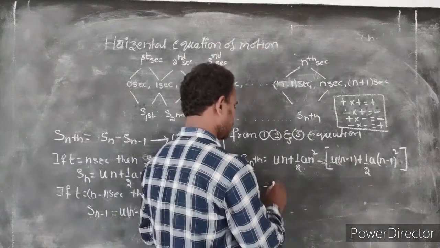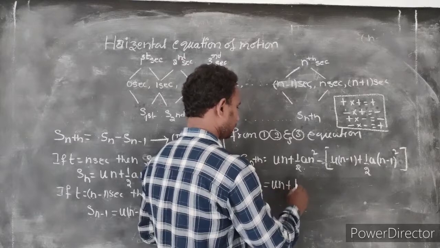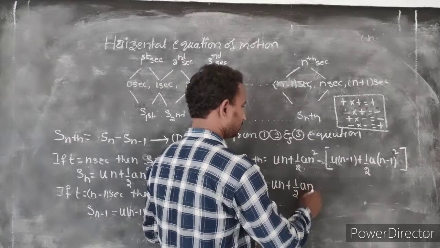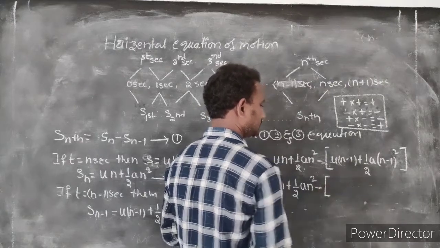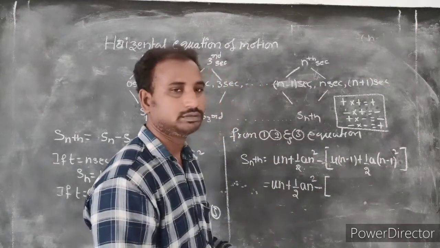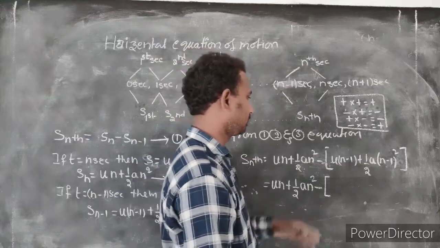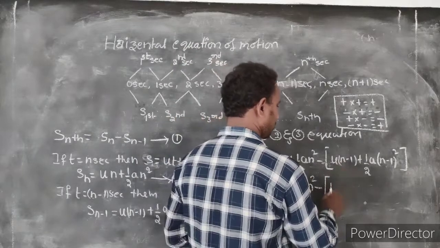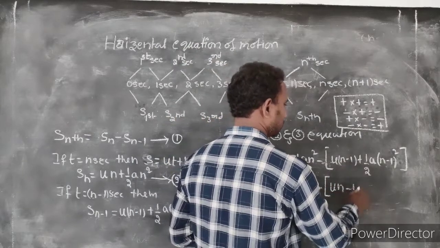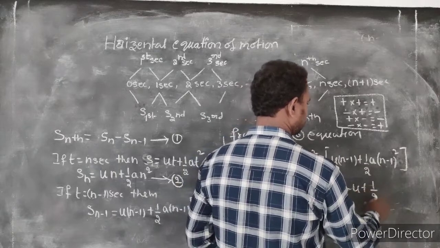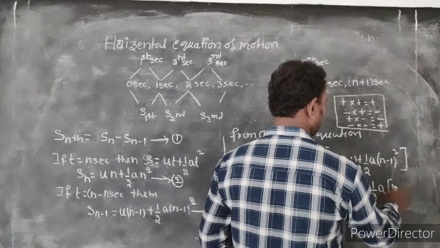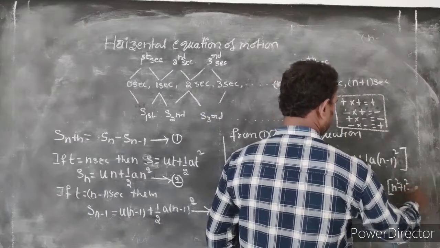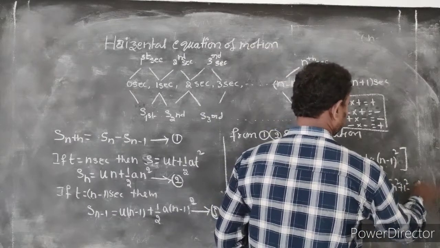Now write this point: un plus 1 by 2 an square minus. Directly we have to represent the minus; in another step we can multiply with the minus. So un minus u plus 1 by 2 a of n minus 1 whole square, which is n square plus 1 square minus 2n.